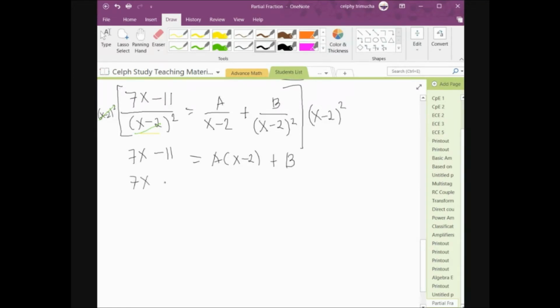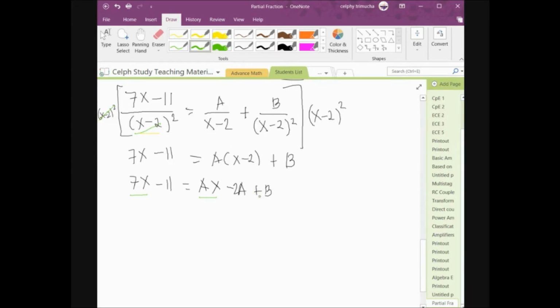So, 7x minus 11 is equal to ax minus 2a plus b. The terms with x are 7x and ax, and the other is a variable but not the x value.